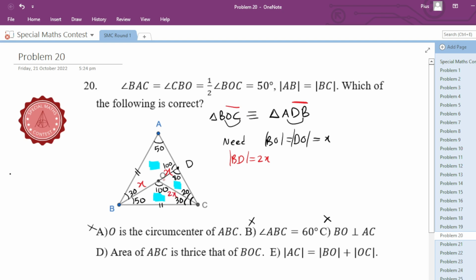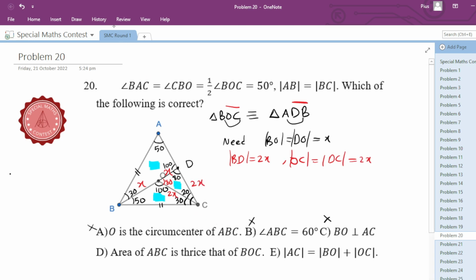Next we see that this angle here, angle DOC, is also 80. So ODC is isosceles, and OC is equal to DC, which will be 2x. So this here is 2x as well.